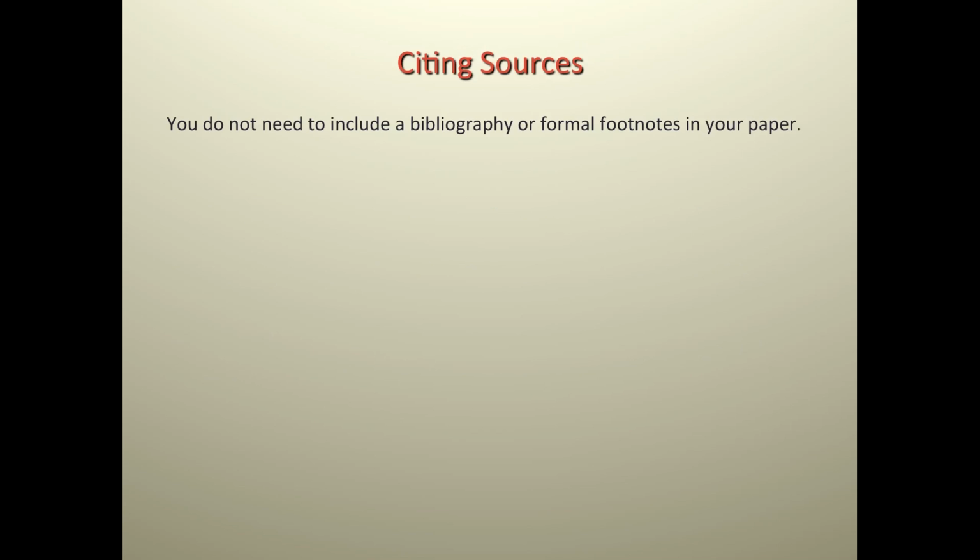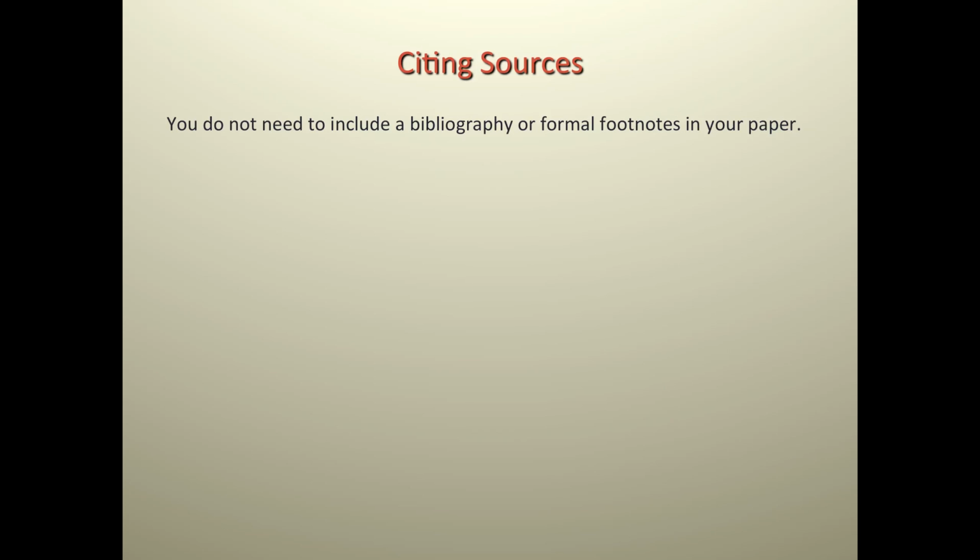When you are citing your sources, so when you use a quote or you refer to a unique bit of evidence, you need to cite the source. You need to tell your reader where this came from. Now, we do not have time in our short session here, or even in any of my survey courses, to go over the proper way to do a bibliography.